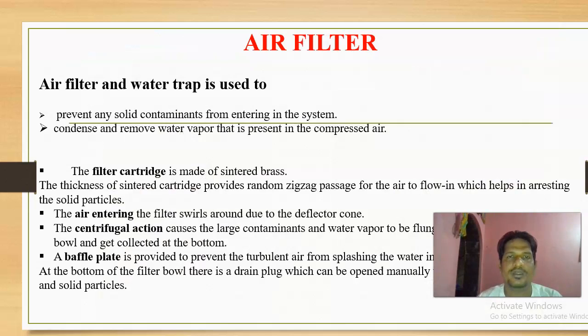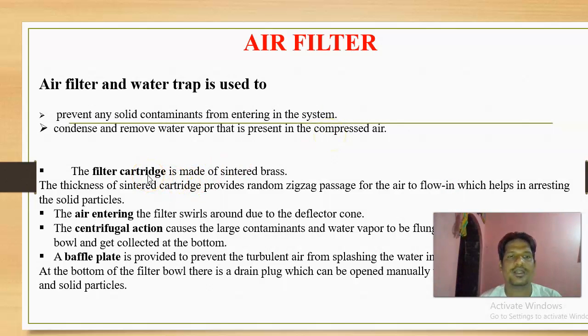So why do we use an air filter in a pneumatic system? Because air is the major medium used in a pneumatic system. The air filter and water trap are used to prevent any solid contamination from entering the system, and to condense and remove water vapor present in the compressed air.